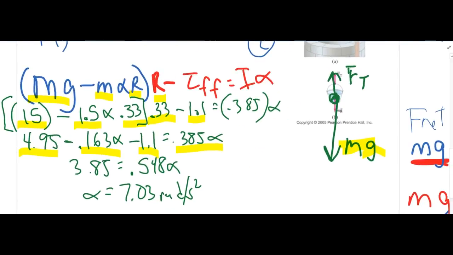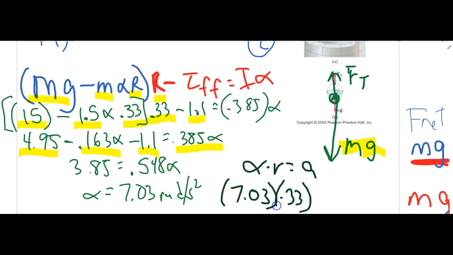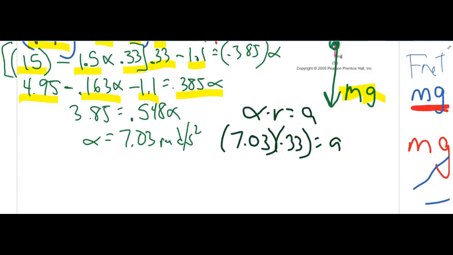So angular times r equals linear. I take my 7.03 times 0.33 as my radius, and I end up with a linear term of 2.32 meters per second squared.